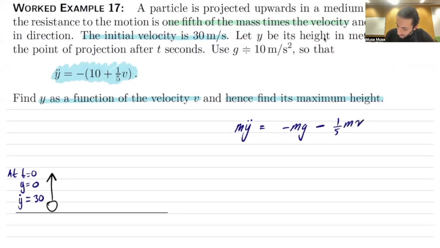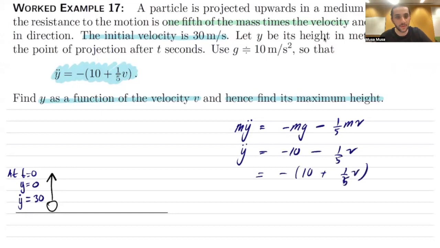Now, if you divide everything by m, because the m is common, and you sub in 10 as your g, you get y double dot equals minus 10 minus 1/5 of v, which is equal to minus (10 plus 1/5 of v). So we could have gotten to that ourselves.